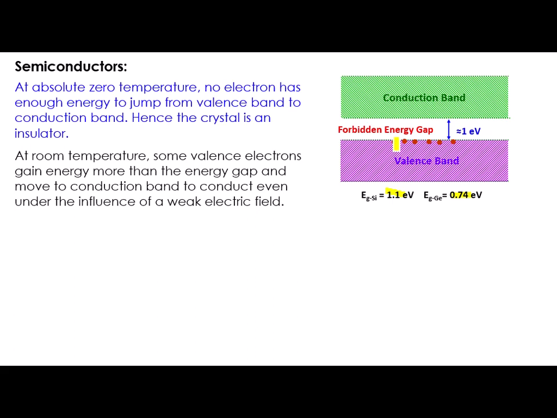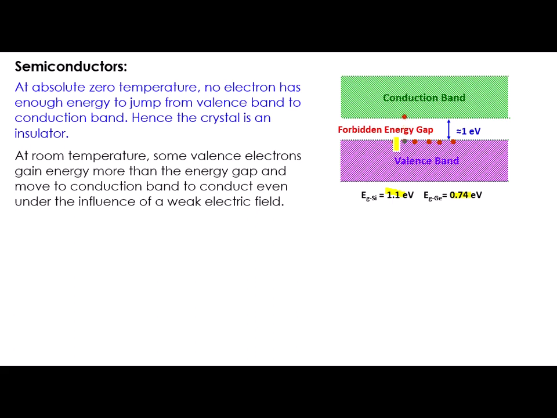So, at absolute 0 degree Kelvin, the semiconductor will also behave as an insulator, but when the temperature rises, when you are supplying slight heat energy, the electrons will be excited to the conduction band and start taking part in the process of conduction.